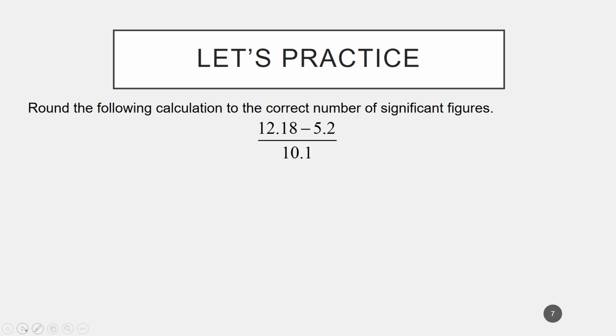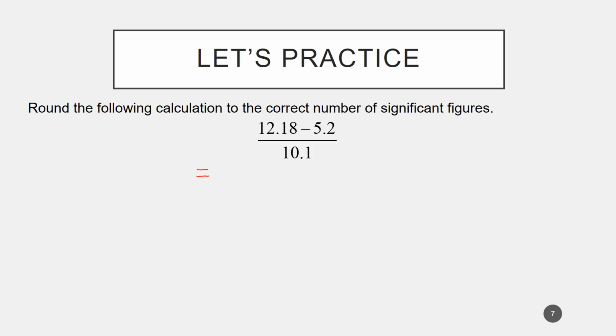And here's a practice. Round the following calculations to the correct number of significant figures. What you do is go step by step. First in this operation, I would have to do the subtraction.